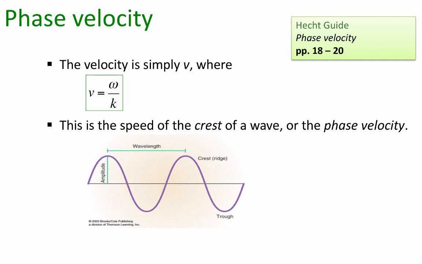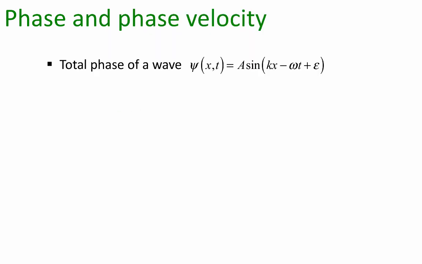And we follow that crest to tell us what we refer to as just the speed of the wave, but what we really mean is the phase velocity. So what we've just defined is the phase velocity v as omega over k. And let's see on the next slide a little more math about why the phase velocity is equal to omega over k. Okay, we should start by talking about phase.